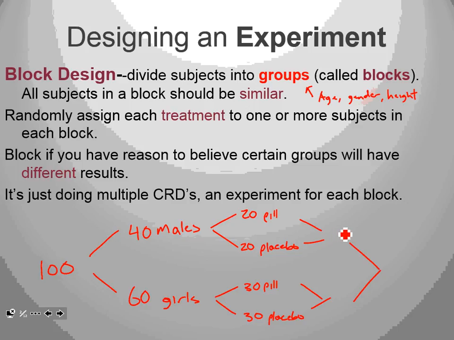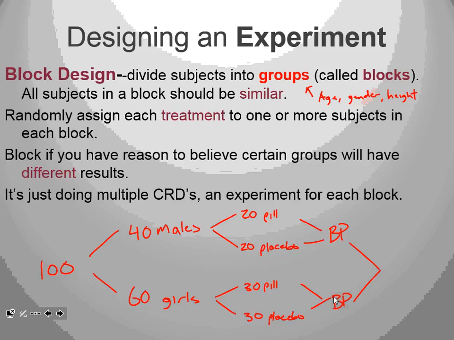So for a medication, we could talk about blood pressure. Did the blood pressure go down or up based on this pill? We can look at how this pill affects the blood pressure for males compared to a placebo. We can see how this pill affects the blood pressure for females.